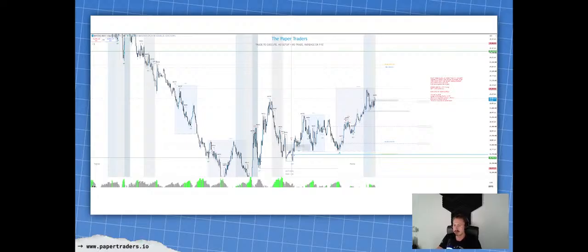So the 5-minute, looking at the daily plan, looks like price had Asian consolidation, New York expansion, which can ultimately give us New York consolidation here as well.